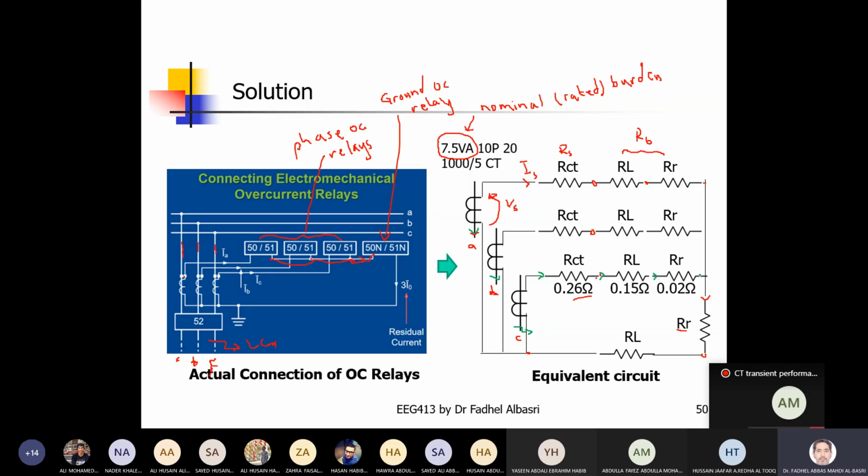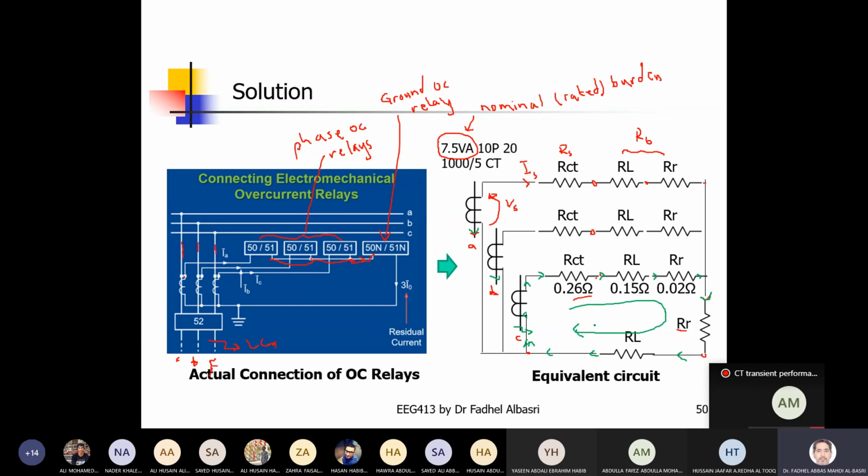This goes here, goes here. Let's assume this fault current is much larger than full load current. This is like normal load current. So the fault current comes here, and this is the fault path.